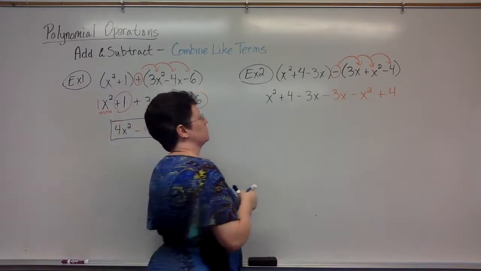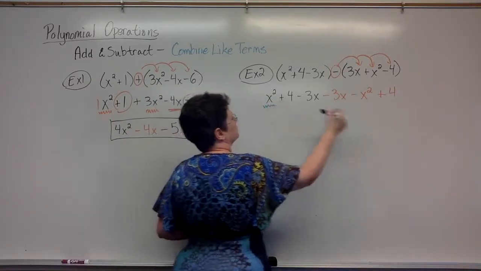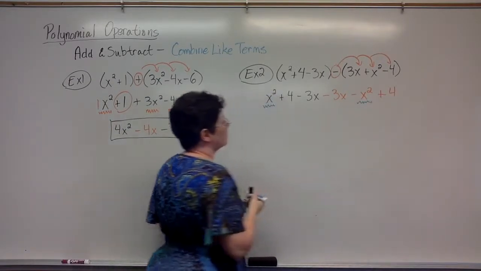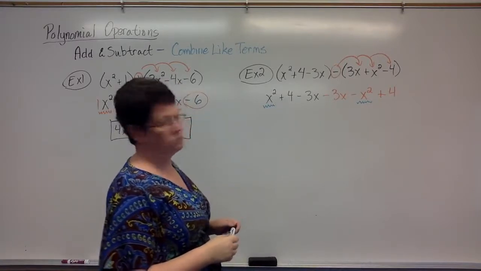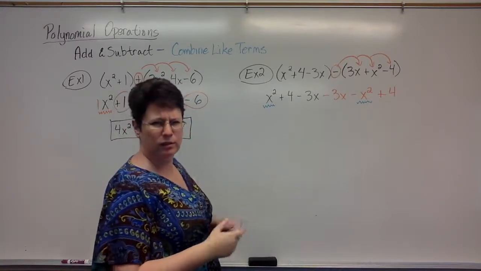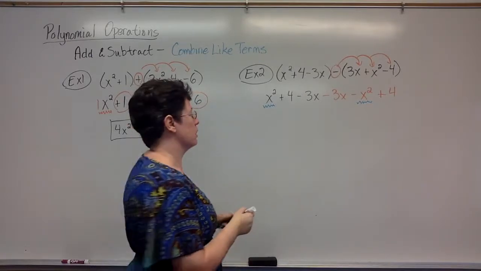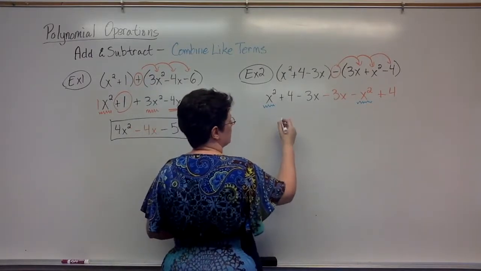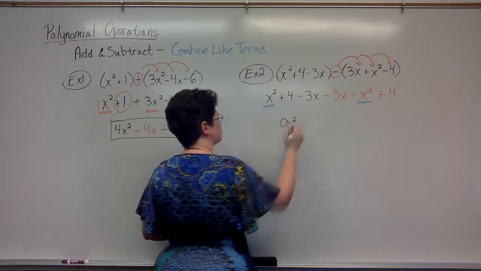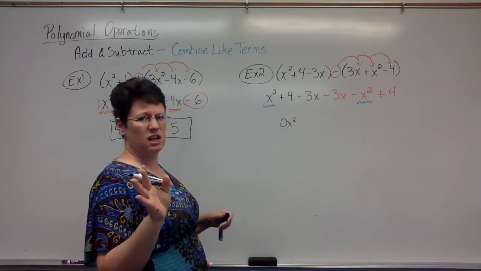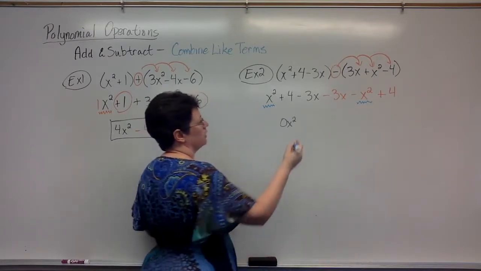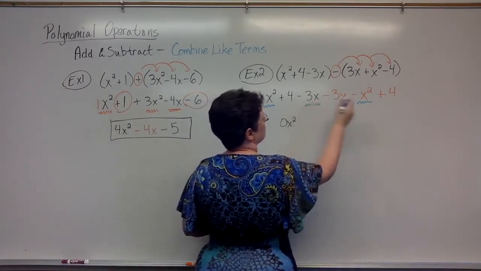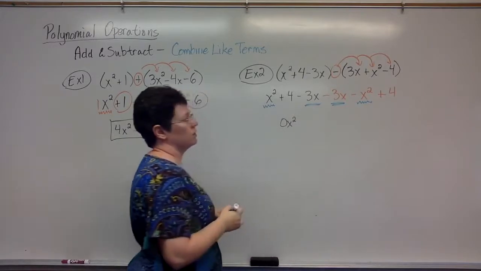Start with the highest exponent. X squared. X squared. Okay, so I have x squared minus x squared. Wait, what? 1 minus 1, right? 0. Okay, so kicks and giggles, I'm just going to put 0x squared down here. It's not going to go in my final answer. Okay? Now we have what? I have a minus 3x and a minus 3x.